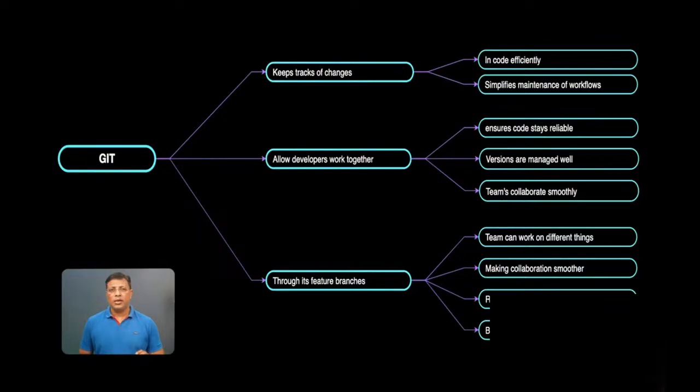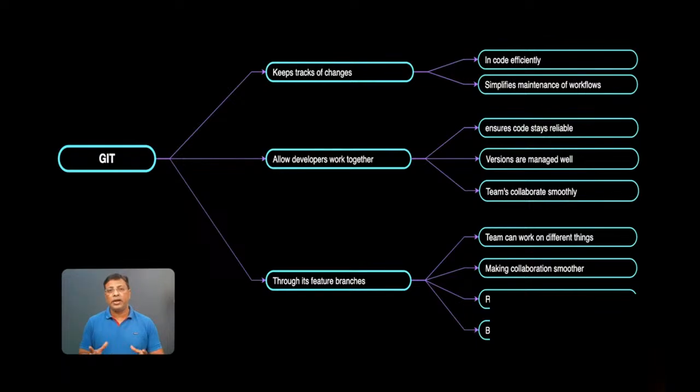Git is great at supporting teamwork by using strong ways to handle different parts of a project. Whether it is feature branches or Git flow, teams can work on different things at the same time, making collaboration smoother, reducing problems, and boosting overall productivity in DevOps.